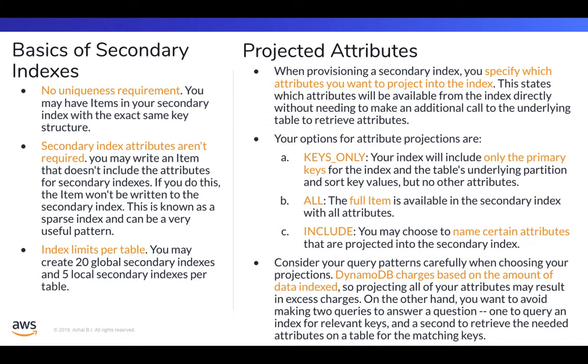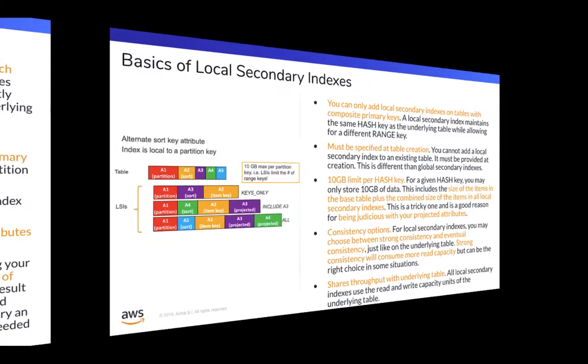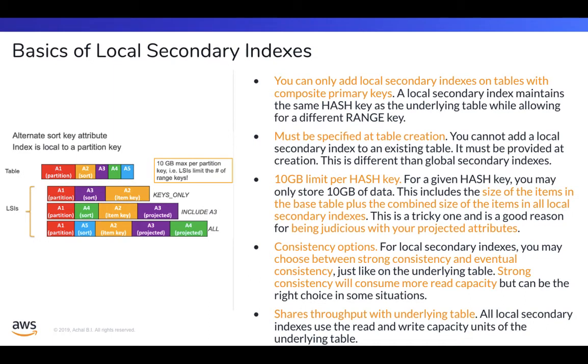But let's see some of the restrictions with secondary indexes, that is, with local secondary indexes and global secondary indexes. With local secondary indexes, you can apply them only to a table which has a composite primary key, which means the table should have a sort key, and only if you have a sort key can you provide an alternate sort key instead of the existing one, right?